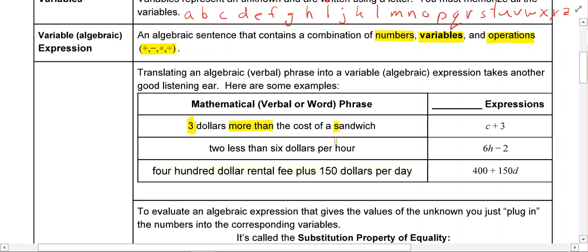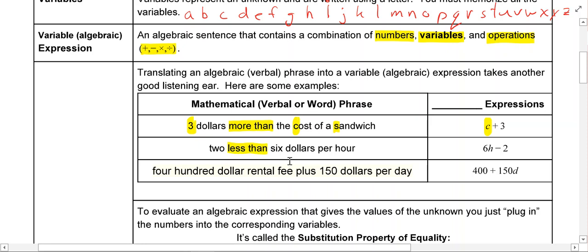Well, we can use S for sandwich, or we can use C for cost. We could use X or R or T or anything we want, really, but it's always nice to have a variable that matches the mathematical phrase. So in this case, I'm going to use C for cost. So over here, you can see I use C, and then it was $3 more than, so I put plus 3.